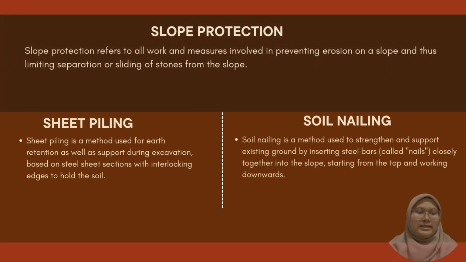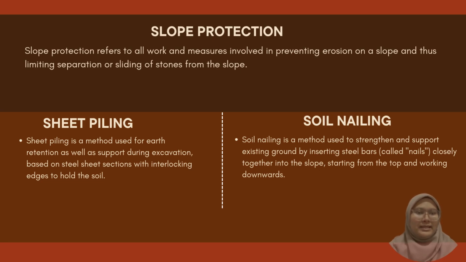For a better understanding, let's look at three common terms that will be discussed in this study. For the first one, slope protection refers to all work and measures involved in preventing erosion on the slope, thus limiting separation or sliding of stone from the slope.